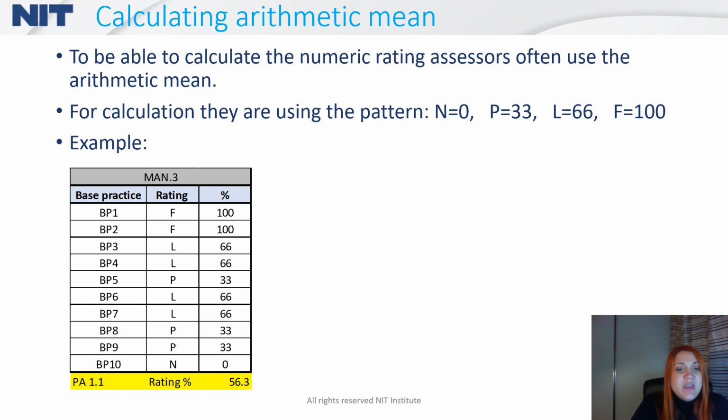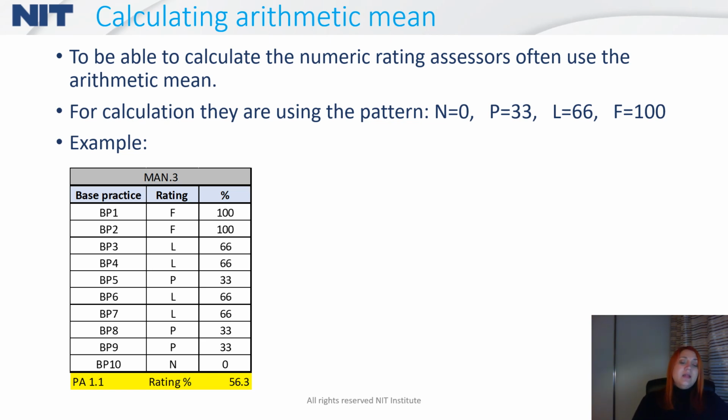Then BP5 is 33. BP6 is equal to BP7, which is largely, and then BP8 and BP9, since they're somehow related, are partially achieved. BP10 is not achieved.